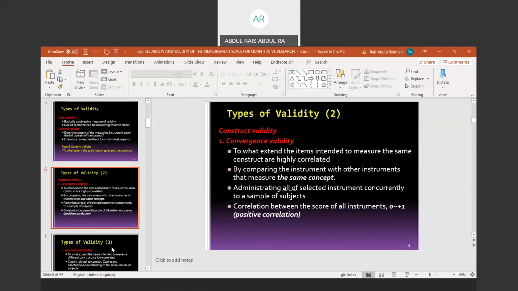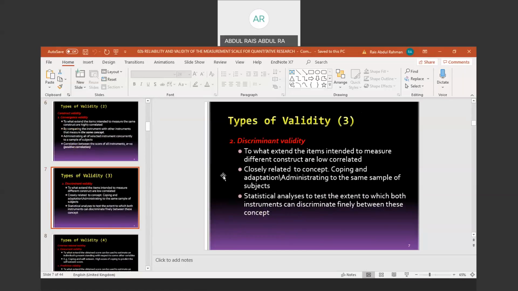The other one is discriminant validity. It measures the extent to which items intended to measure different constructs are lowly correlated, or closely related to the concept. Statistical analysis is done to see the extent to which both instruments can discriminately define between these concepts.